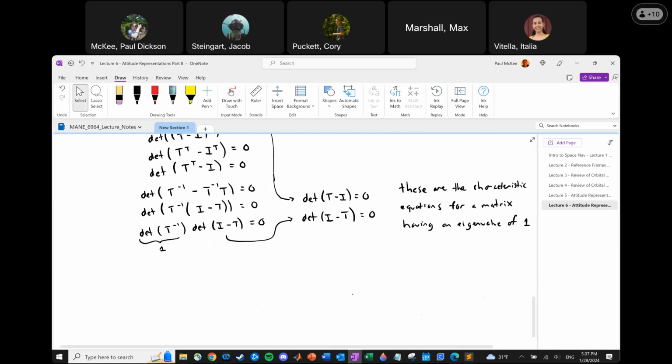So what that tells us then is we're going to define a new vector here. Let E with a little hat on it, which is a unit vector, be the corresponding eigenvector.